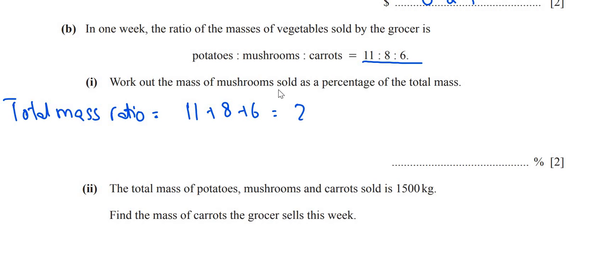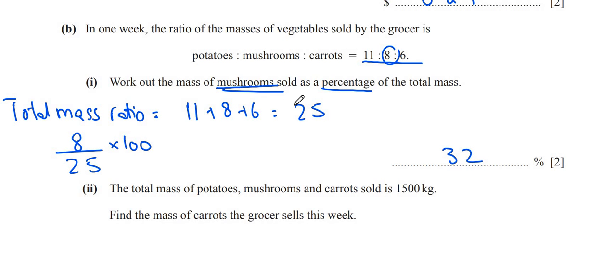So total is 25. Mushrooms is 8. So you will do 8 upon 25, and whenever you're finding percentage, you multiply with 100. So 8 upon 25 multiplied by 100 is 32%.